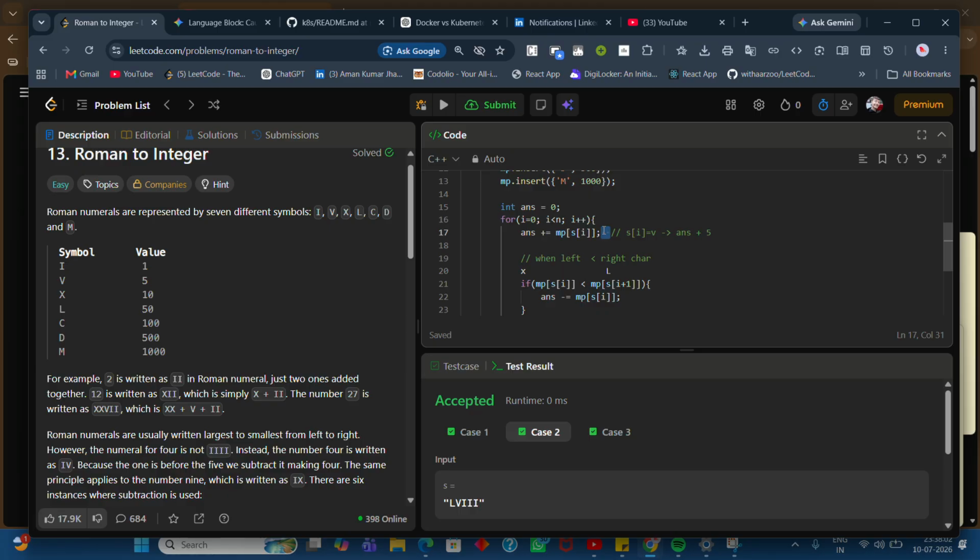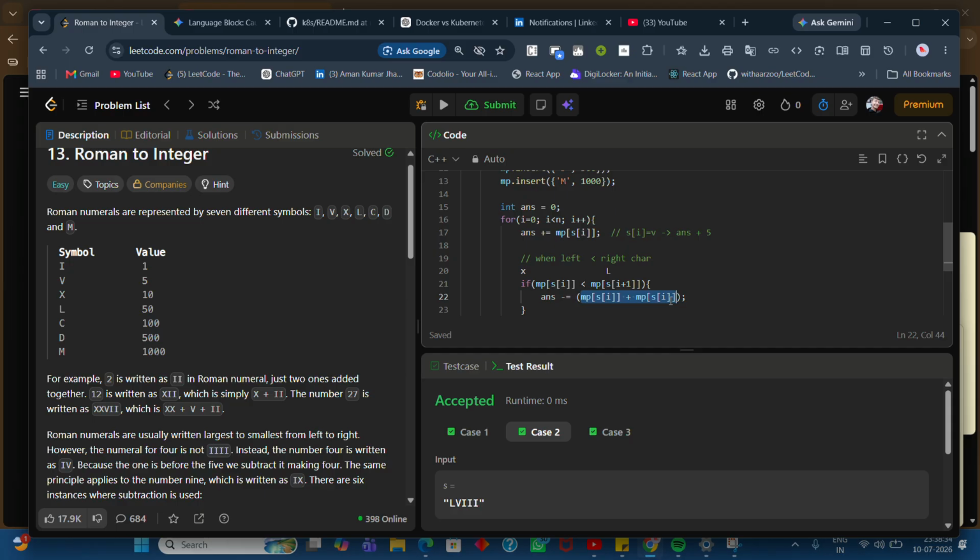Like if we found X here at i, we are adding this point, so we have to remove this one also because it is coming with one extra. So do one more thing, simply minus mp of s of i. Two times we are subtracting.